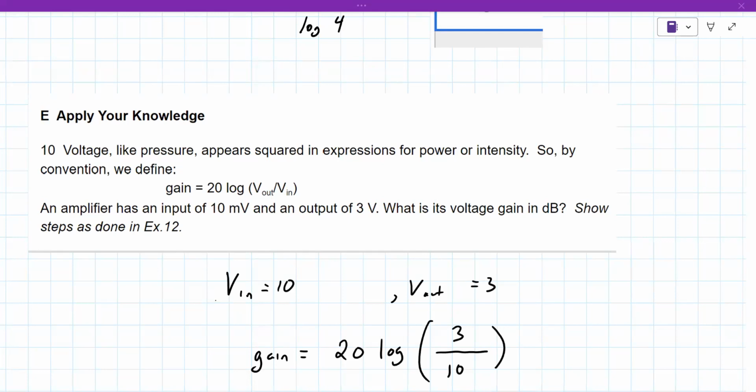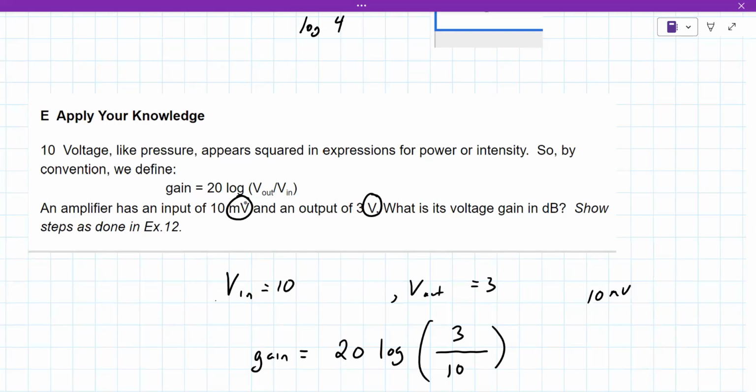So let me go check the example here. Oh, I'm sorry. So I made a mistake here. The units are not the same. One's in millivolts, one's in volts. So the 10 millivolts has to be converted to volts, or the volts has to be converted to millivolts. It looks like they both convert them to volts.